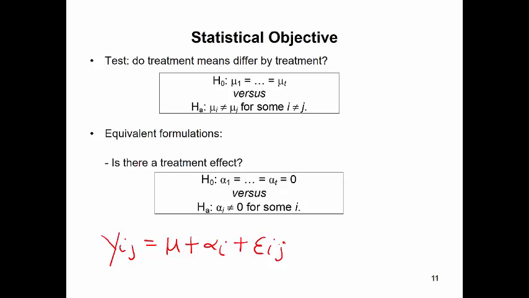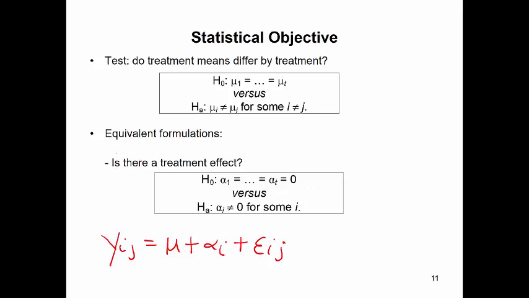If that's our model, we can actually write our hypotheses. Do the treatment means differ by treatment? One null hypothesis is that there's no differences across the groups. This is using the means model, versus that there are some differences.